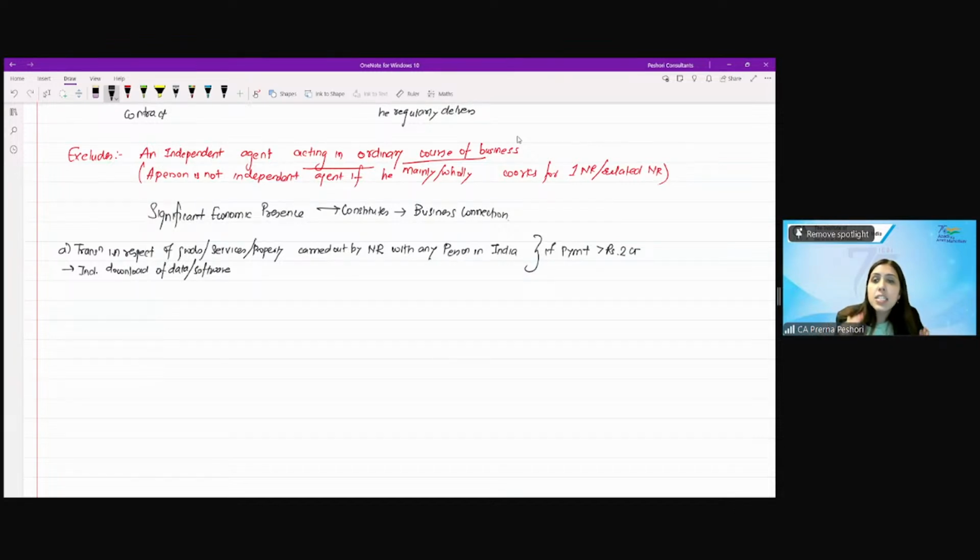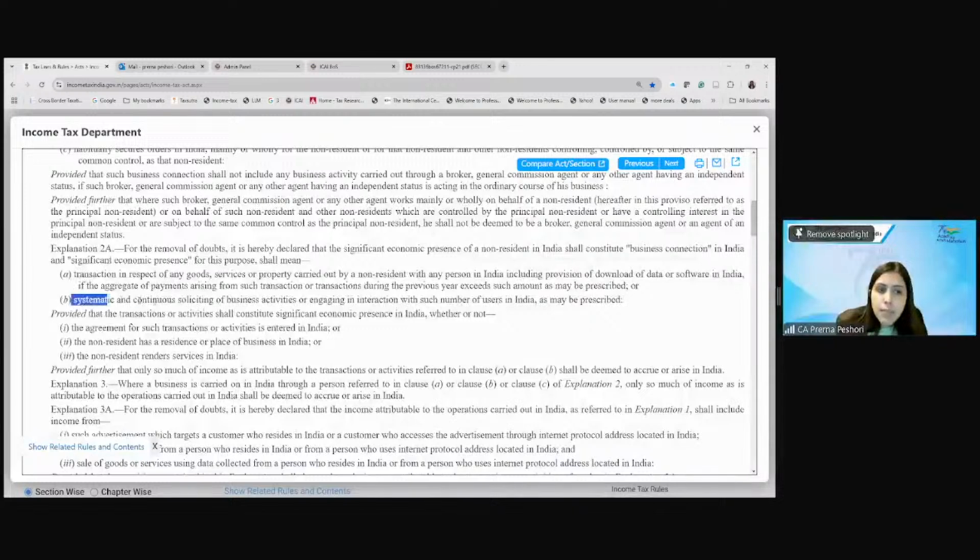If the payment is more than 2 crores to that non-resident, only then will he have the SEP. So they have kept a monetary limit over here. Second, it says systematic and continuous soliciting of business activities or engaging in interaction with the users in India.